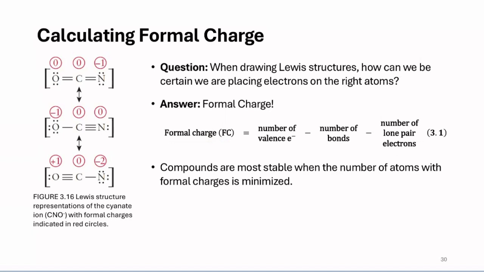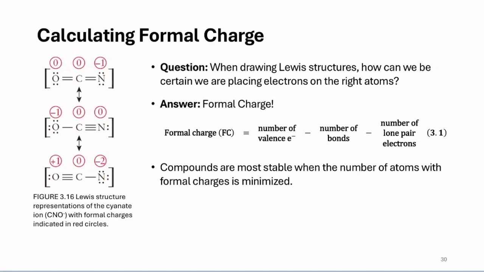So we can observe that on the left side of the slide, we have the three Lewis structures that can be drawn for the compound that is known as cyanate. In each one of these Lewis structures, we see the formal charges for the atoms present in that molecule in red circles.